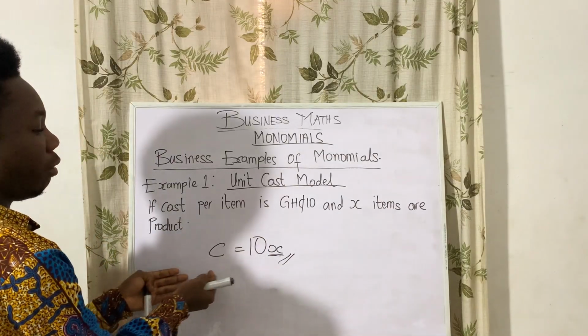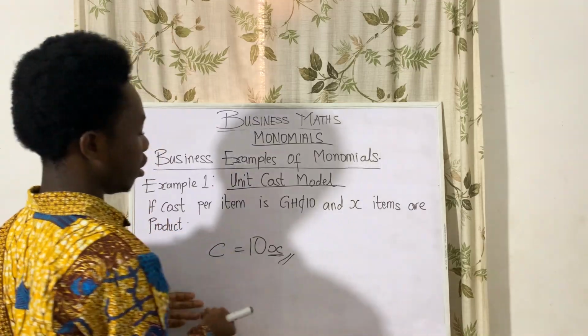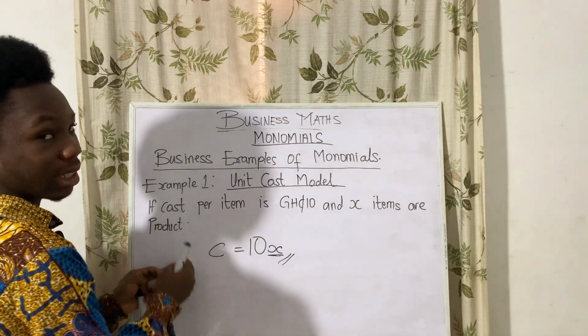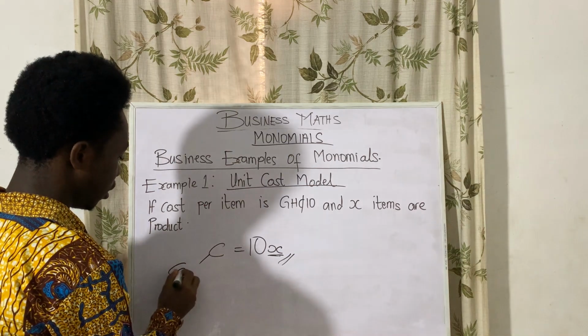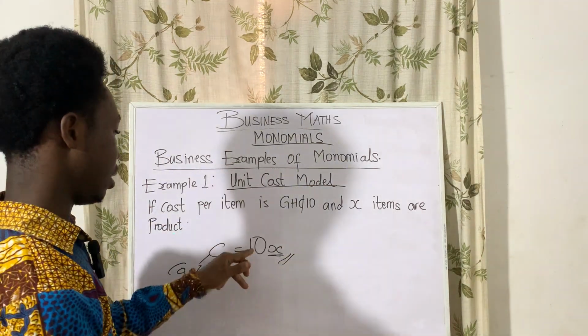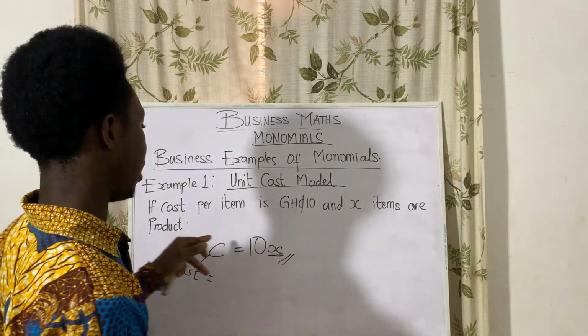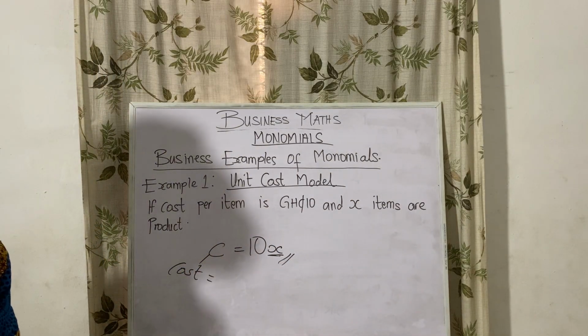You have to provide your final answer as this. This is in a sentence, so you have to express this mathematically. So C, the cost, is equal to this. So this is the final answer.